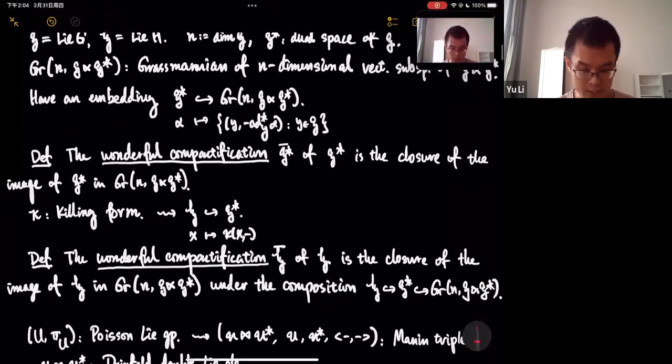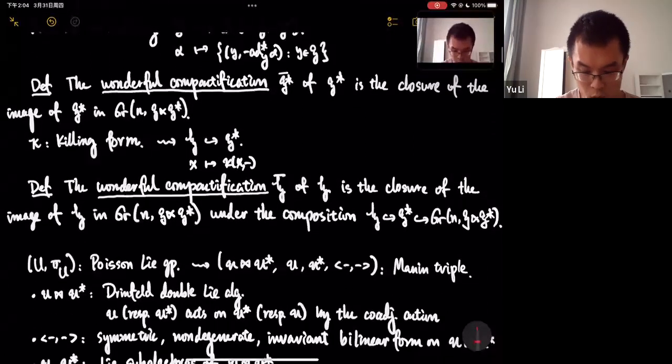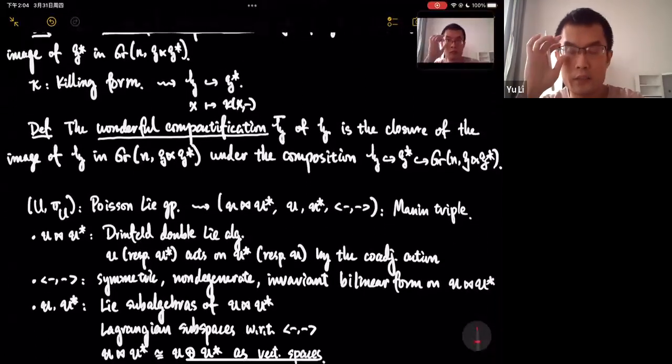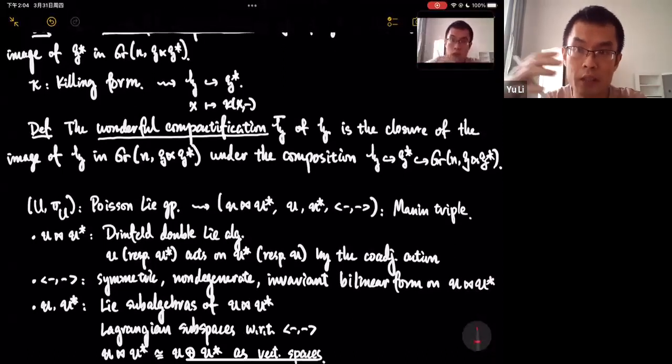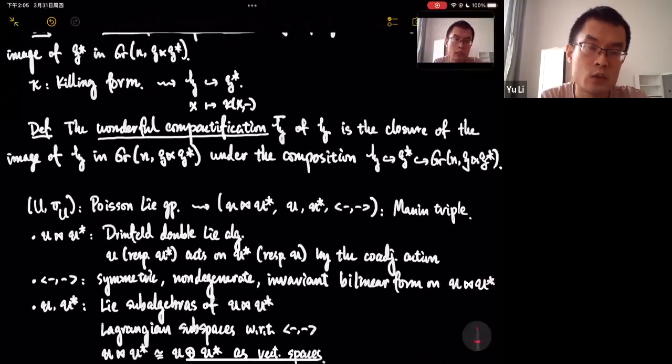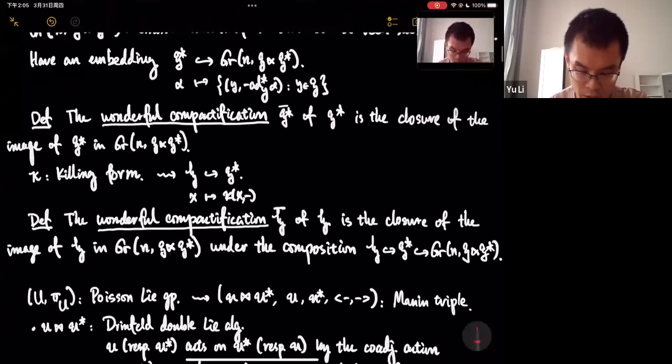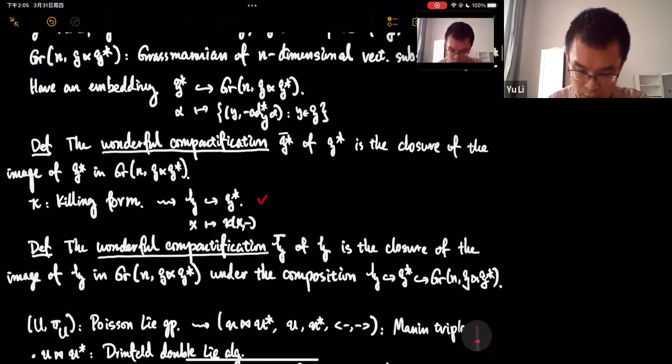This is a fairly simple definition. Then if kappa is my Killing form, I can embed the Cartan subalgebra into G star by sending an element x of the Cartan to kappa of (x, blank). So then I have a composition of 2 embeddings: h goes into G star, and then G star goes into the Grassmannian.